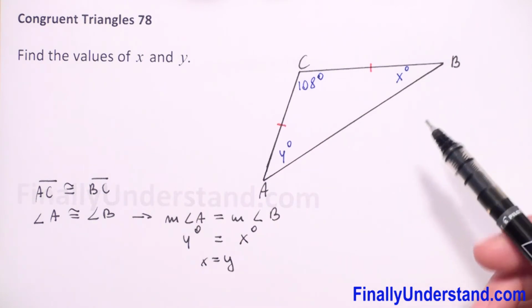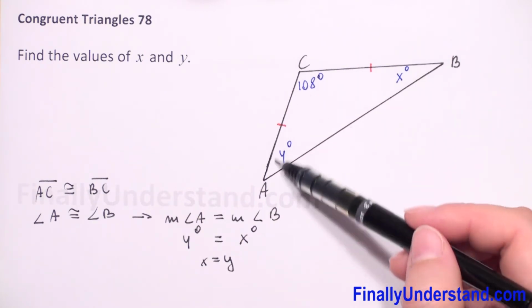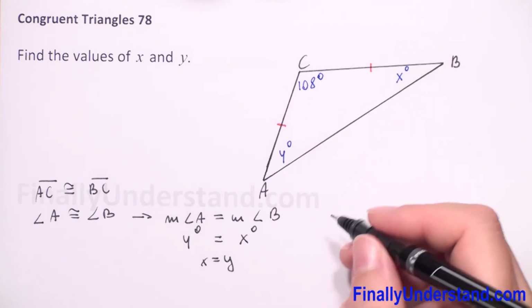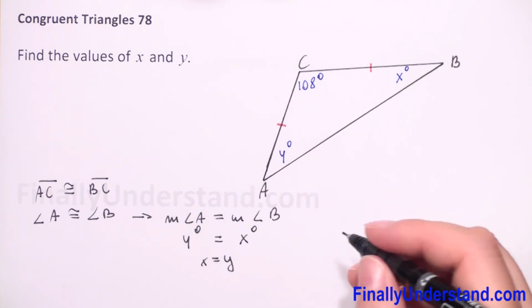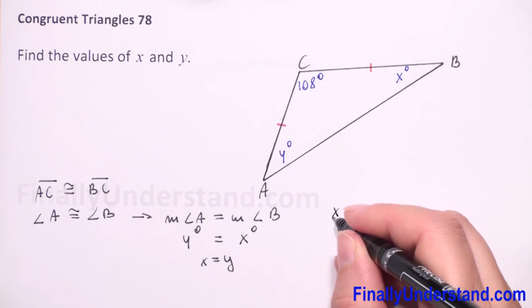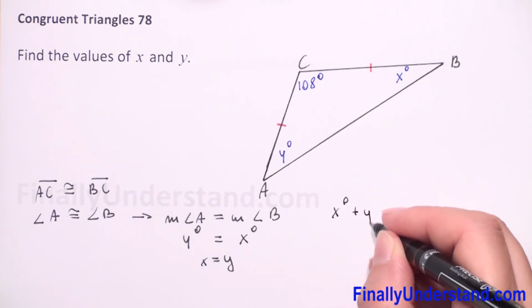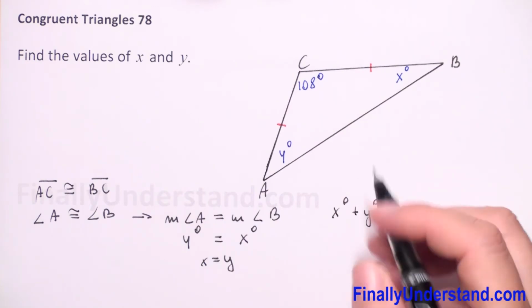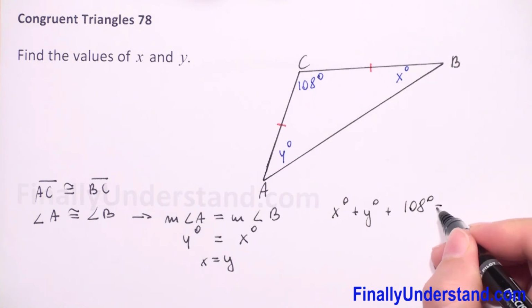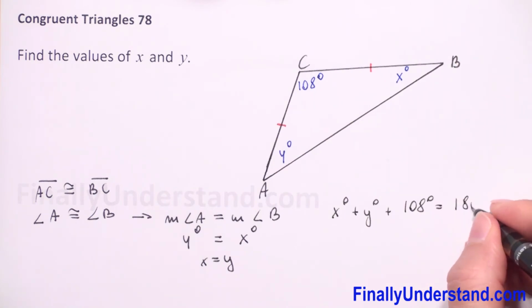What else? We know that the measure of the interior angles of a triangle is 180 degrees. So we can write another equation: x degrees plus y degrees plus 108 is equal to 180 degrees.